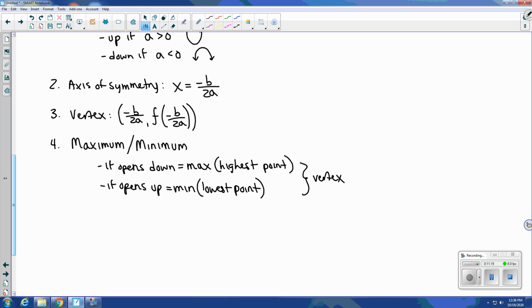Now, the vertex is going to be at some location, some xy coordinate, as we discussed before. That coordinate itself reveals some information within it. The x-coordinate of the vertex tells you where the max or min occurs. The y value of that coordinate tells you what the max or min is.